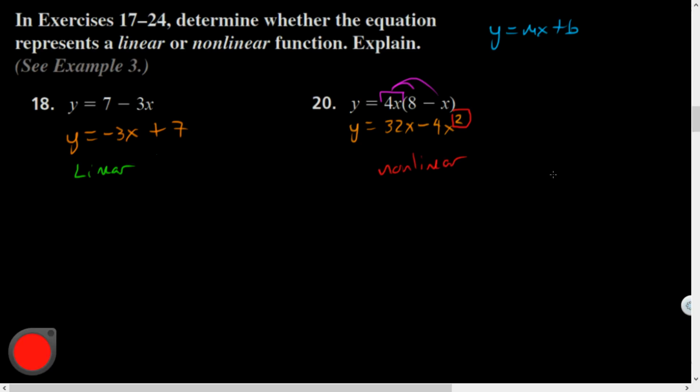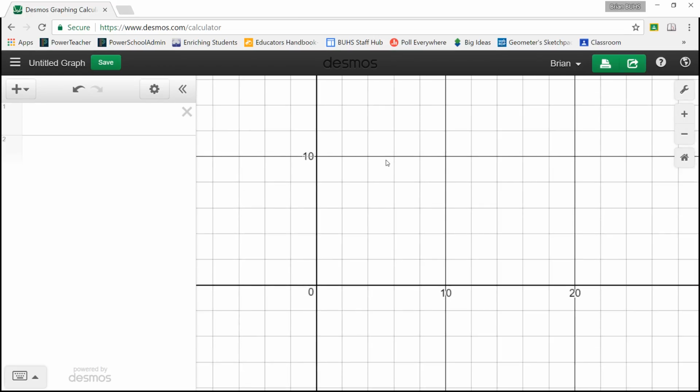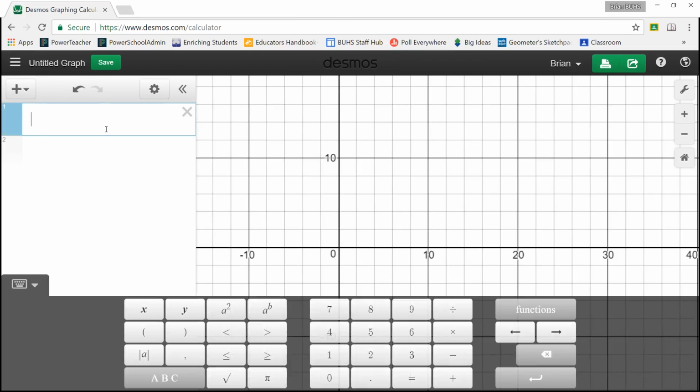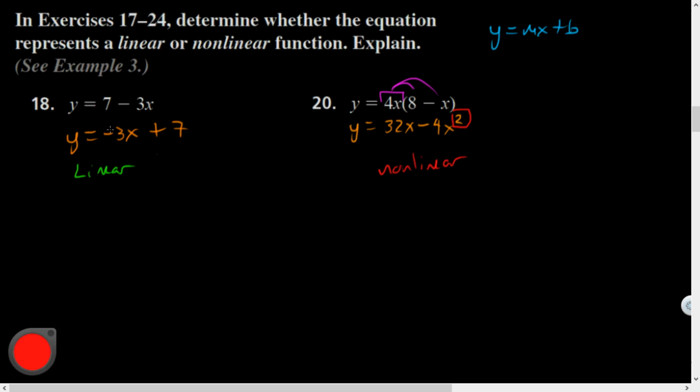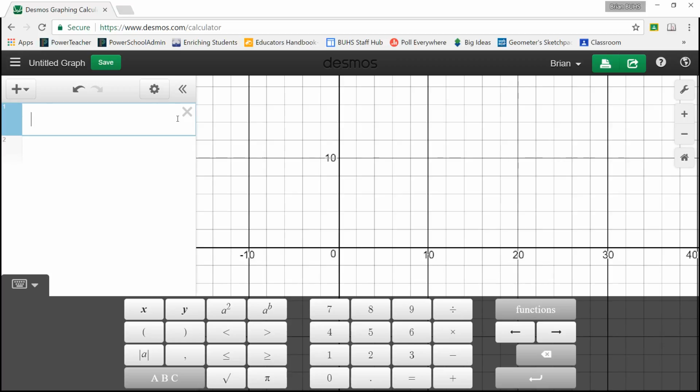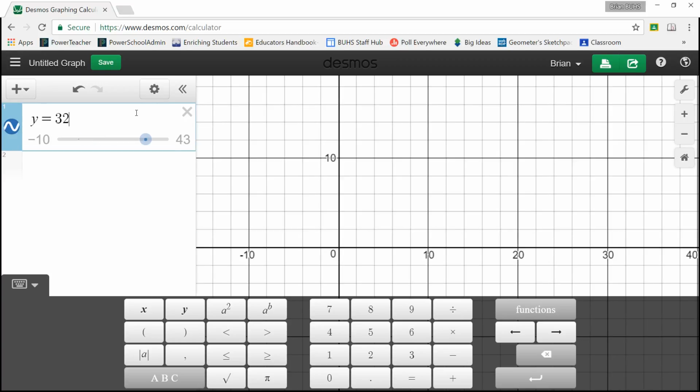And actually, let me open up my Desmos graphing calculator. Let's put that into Desmos: y equals 32x minus 4x squared.